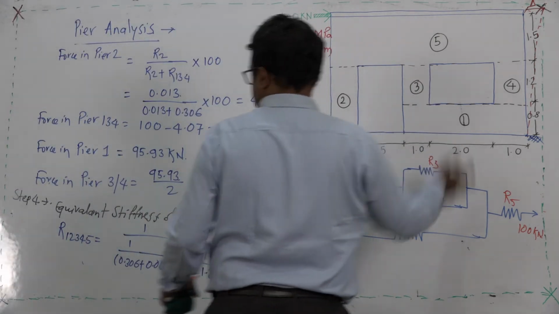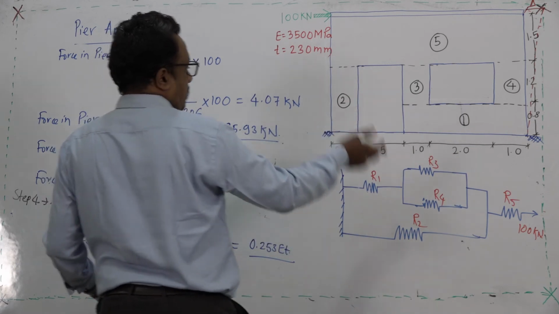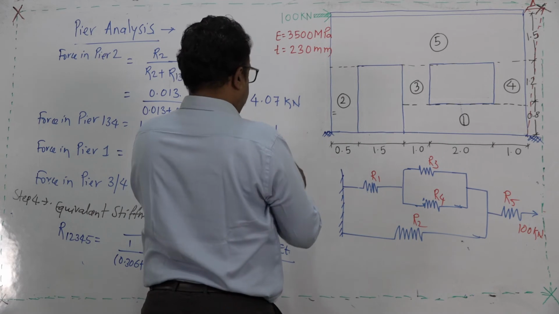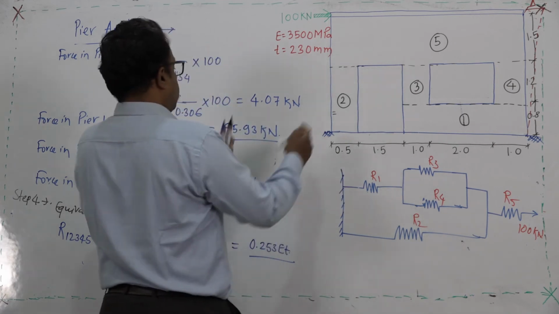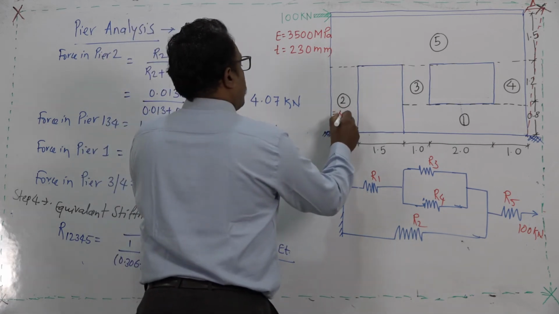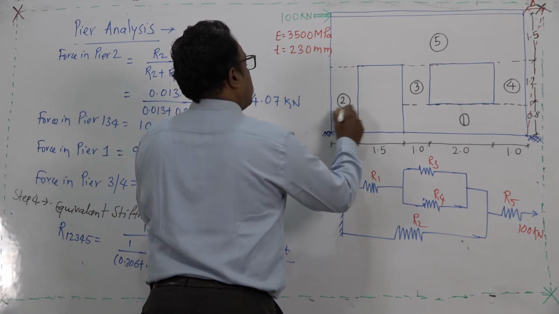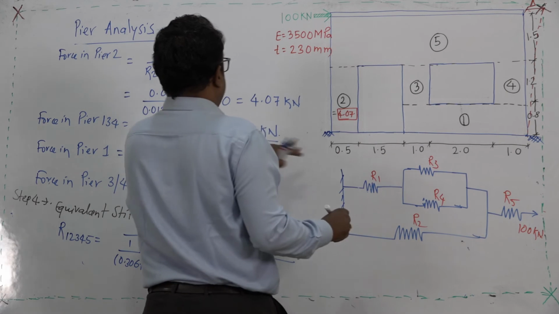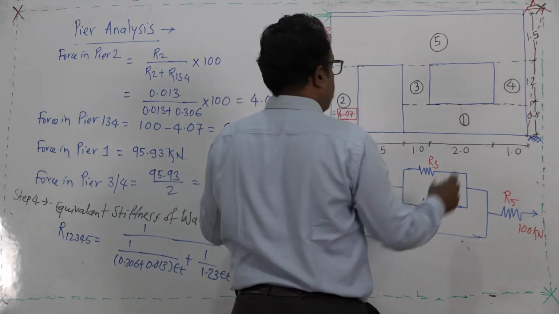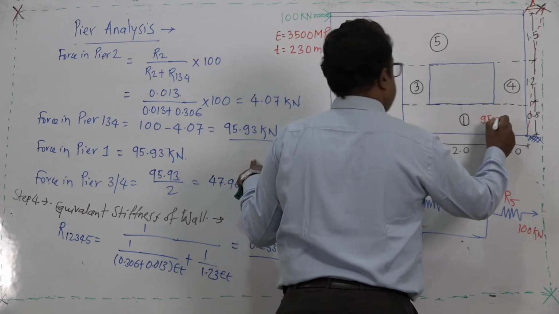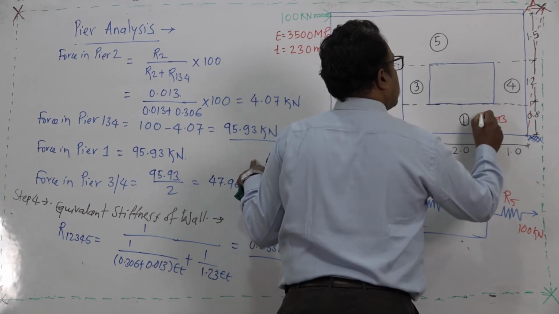I will write now the values of the different forces involved. So, this is having 4.07 kilonewton. Then in wall number 1 it is having 95.93 kilonewton.